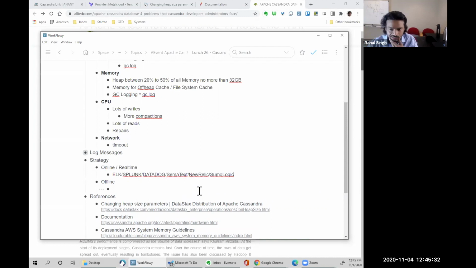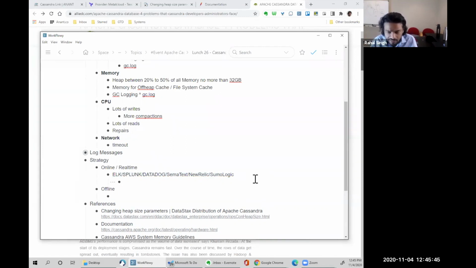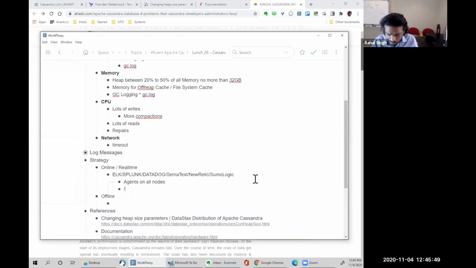I was telling somebody that the reason all of these companies exist and more is because in distributed systems, you end up having to take a look at the data. And so these are just data analysis tools. So you basically have agents on all nodes. These nodes monitor the log directory, whatever, right?